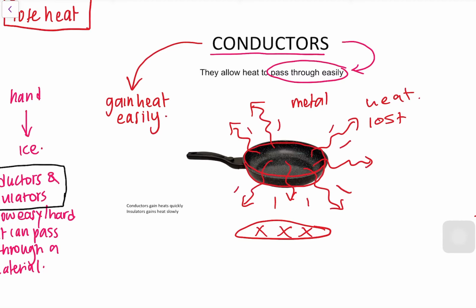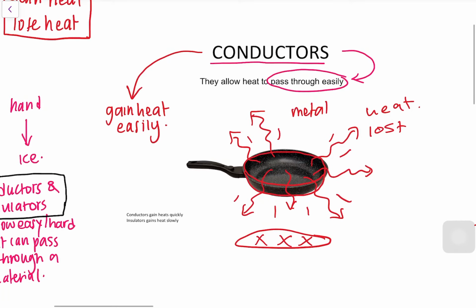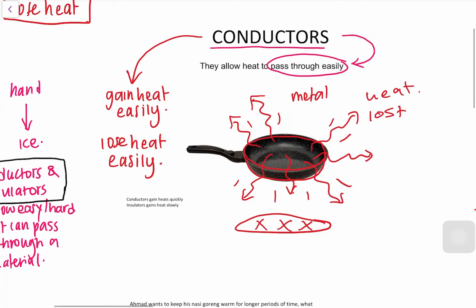So because it is a conductor and it allows heat energy to pass through it easily, it can also lose the heat easily. All right, so it can gain heat easily. It can also lose heat easily. So you see here, the frying pan has gained heat from the fire and then it will lose heat to the surrounding.